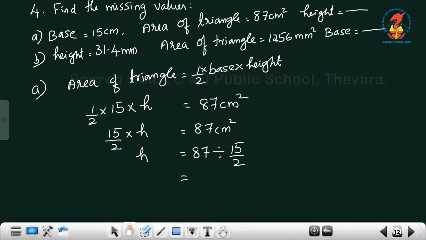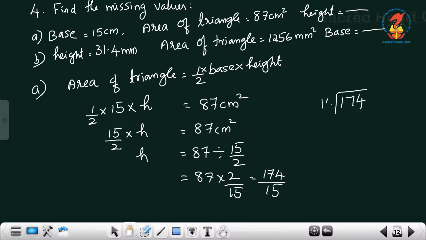Here division of fractions, take the reciprocal of 15 by 2 and multiply by 87. Okay, 87 into 2 by 15. Here 87 into 2, 174 divided by 15. 1 time 15, 24.